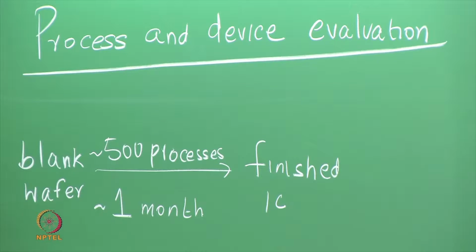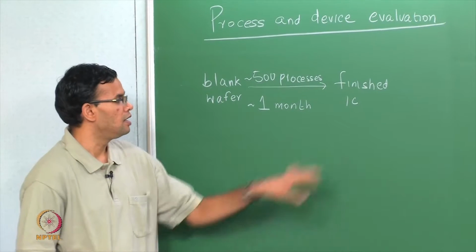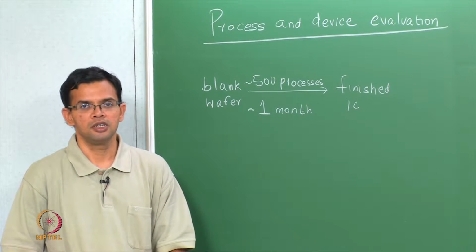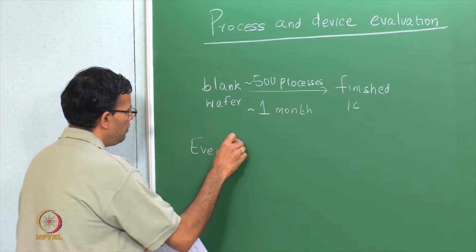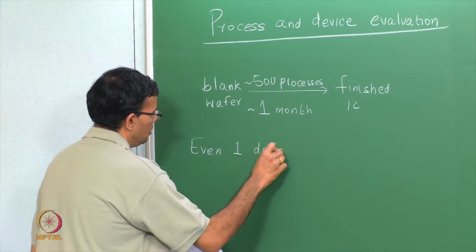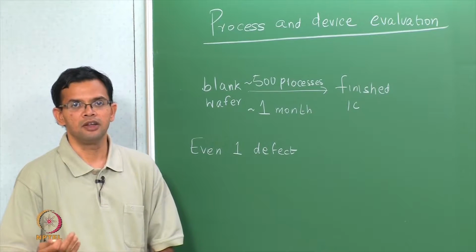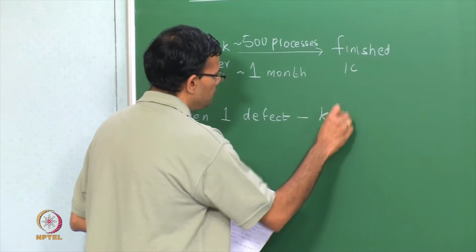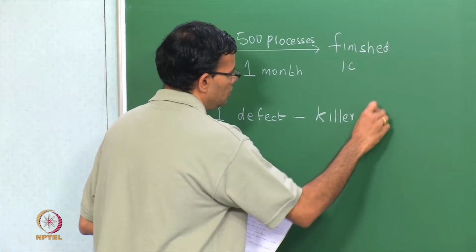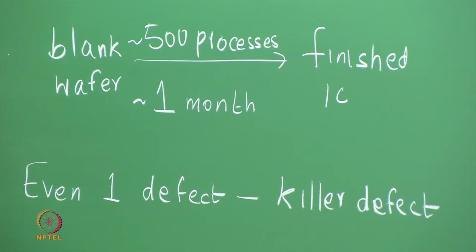So, even if one of these processes goes wrong and has a defect, that defect can ultimately destroy the finished integrated circuit. So, even one defect, and those kinds of defects which will ultimately destroy the electrical functionality of the die are called killer defects. So, even one killer defect can essentially destroy the die.